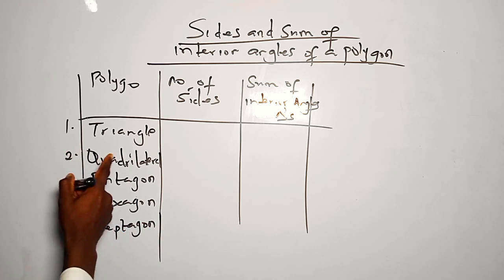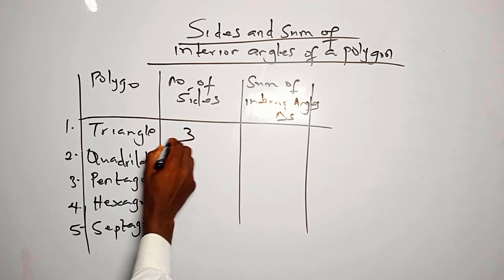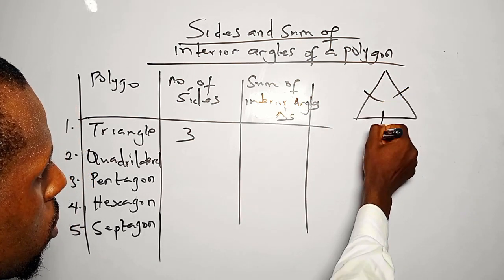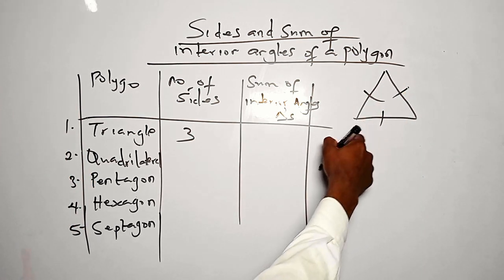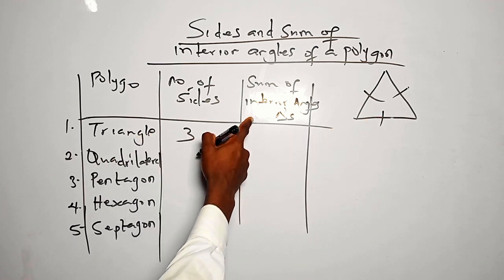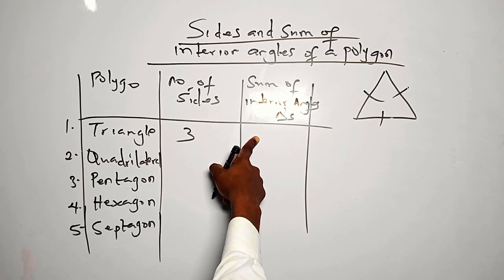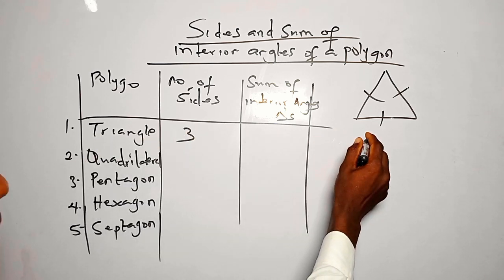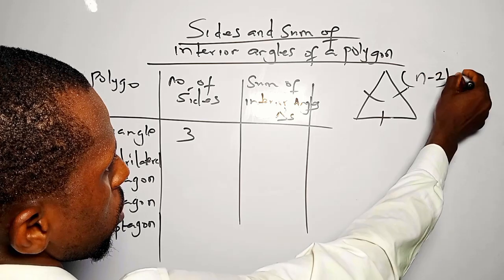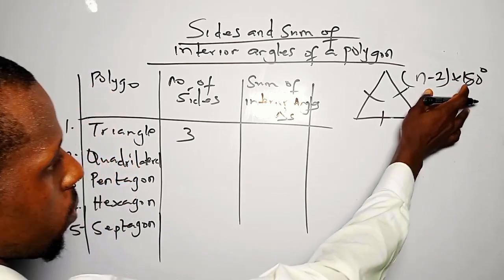So a triangle is a 3-sided shape. We all know a triangle; equal sides make an equilateral triangle. How do we determine the sum of interior angles of a triangle? We can do that using this formula, which is n minus 2 times 180 degrees.